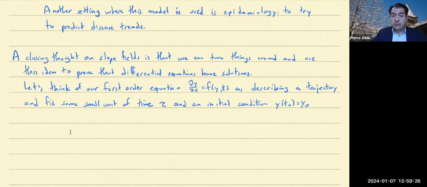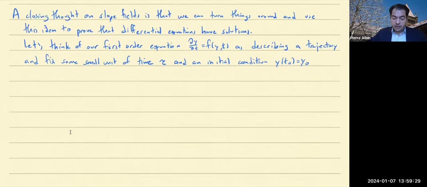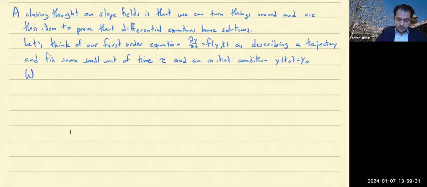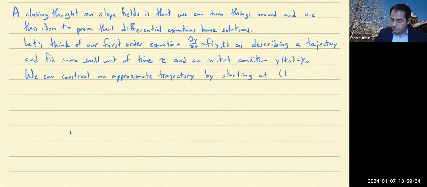Right? So what we can do is construct an approximate trajectory by starting at the point t naught comma y naught, right? Because we're assuming that we're looking for the solution that goes through this point.